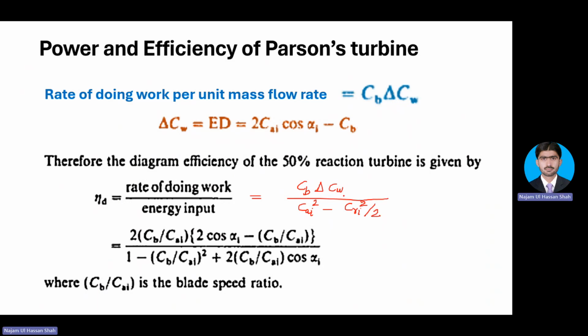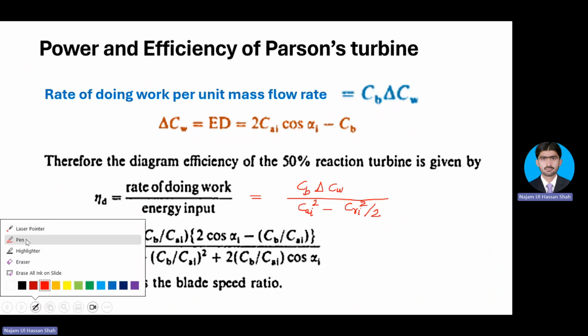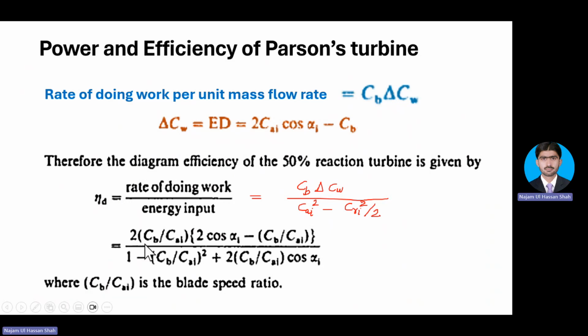And if values are substituted and the formula is further simplified, this becomes equal to 2 into CB over CAI into 2 cos alpha I minus CB over CAI, divided by 1 minus CB over CAI square plus 2 into CB over CAI cos alpha I, where this term, which is repeated in this formula, CB over CAI, is known as the blade speed ratio.